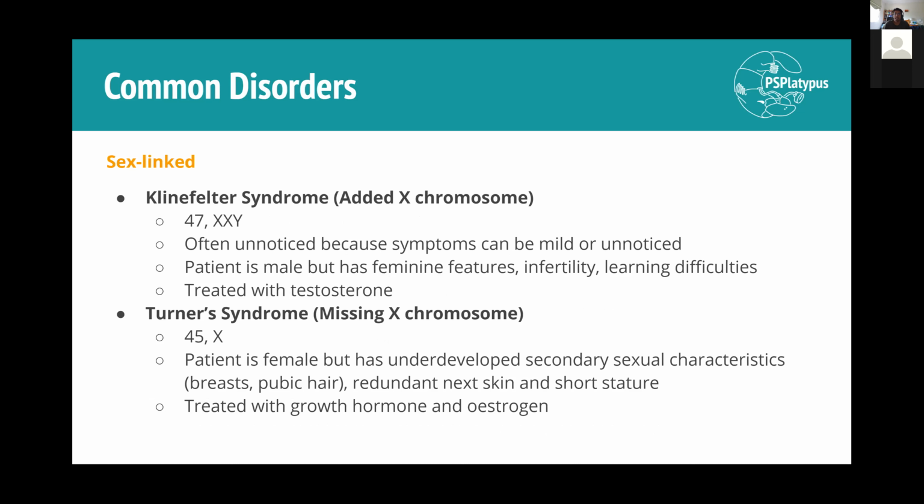So they can have certain feminine features, like additional breast mass, for example. They can have infertility, and they can have learning difficulties. So I'm sure you can notice, if, for example, your major symptom was infertility, that's going to be pretty hard to notice until you, for example, start trying for a baby. So that can go under the radar for quite a long time before you actually realize, hey, I've got Klinefelter syndrome.